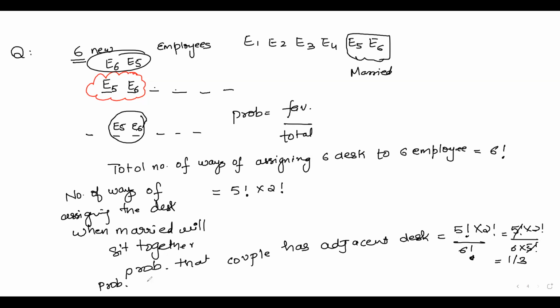Next, we need to find the probability that the married couple has non-adjacent disks. Can you tell me how we can solve this?